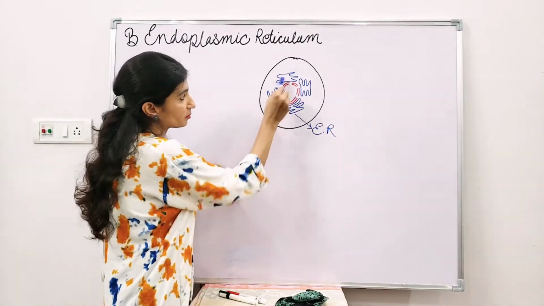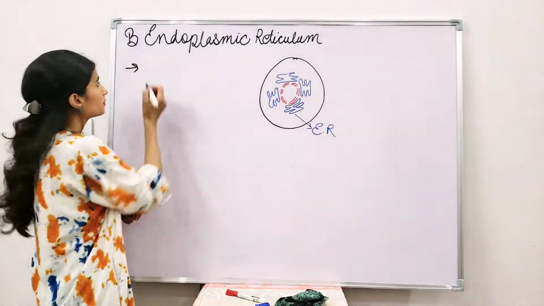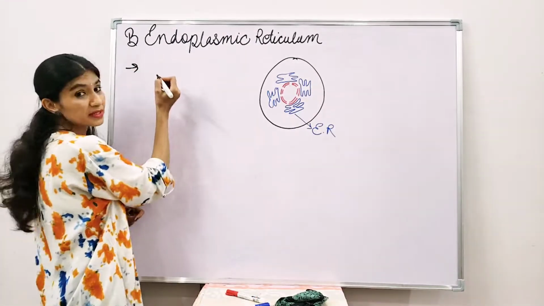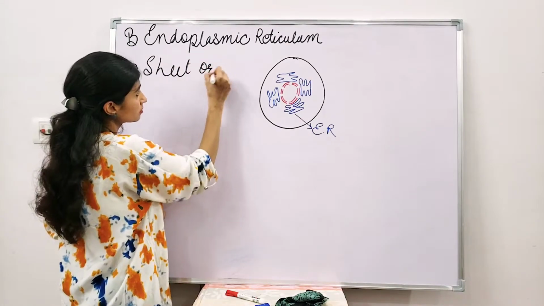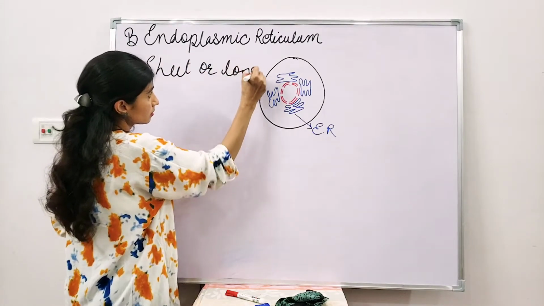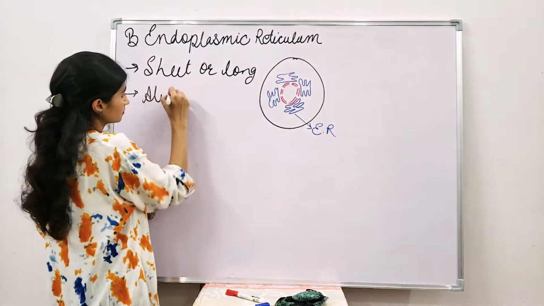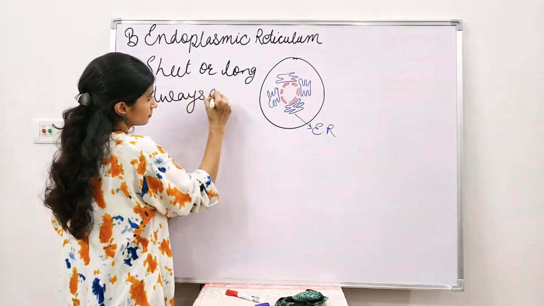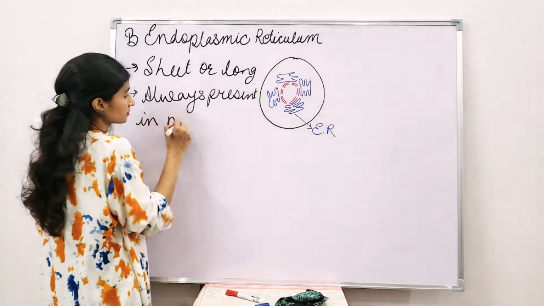This is a network of endoplasmic reticulum. So, what is the structure of endoplasmic reticulum? It is sheet or long, always present in network.